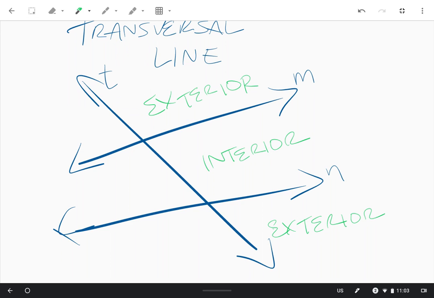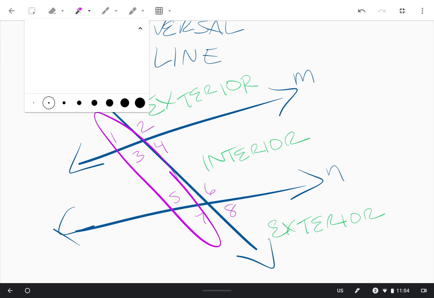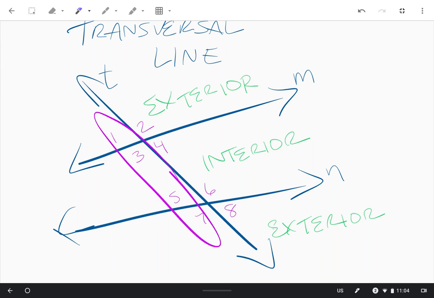And then angles are related based on whether or not they are on the same side of the line or alternate sides of the line. So I'm going to draw some numbers in here. Let's call this angle 1, angle 2, angle 3, angle 4, angle 5, angle 6, angle 7, and angle 8. Okay? So 1, 3, 5, and 7 are all on one side of the line, and on the other side I have 2, 4, 6, and 8.